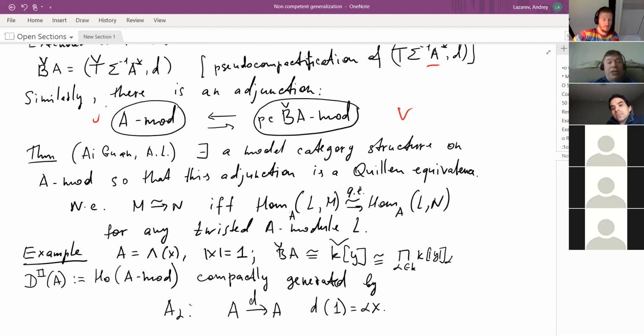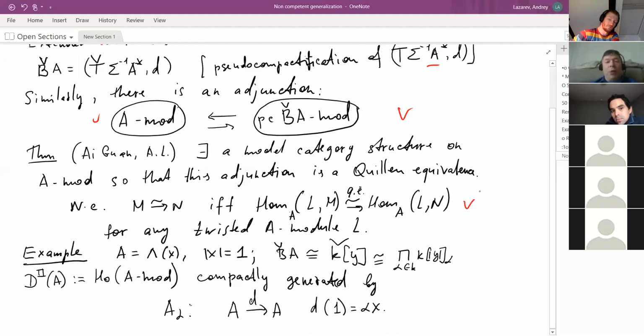Okay, so I'll just tell you what this model structure is. First of all, the most important thing is, of course, the notion of a weak equivalence. And I already said what it is. It's exactly the same as for pseudo-compact modules, except they don't need to be pseudo-compact. We have twisted modules. We use them as spheres, and we use them to detect weak equivalences, okay?